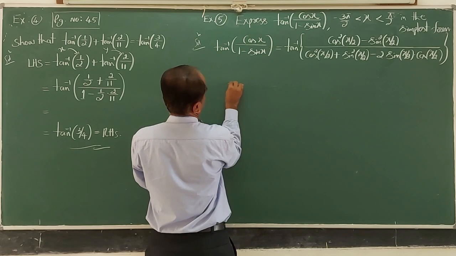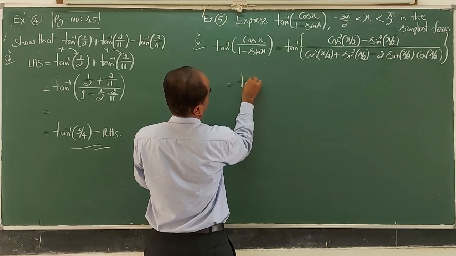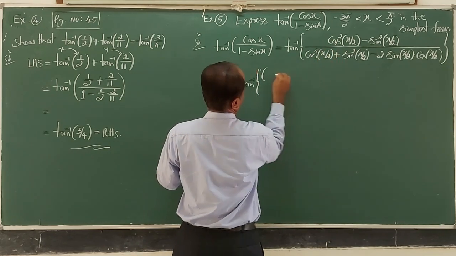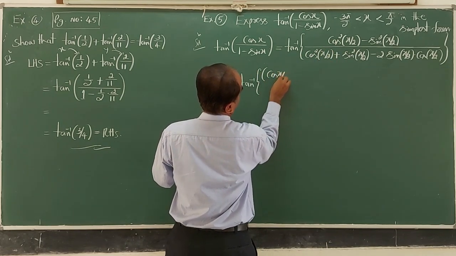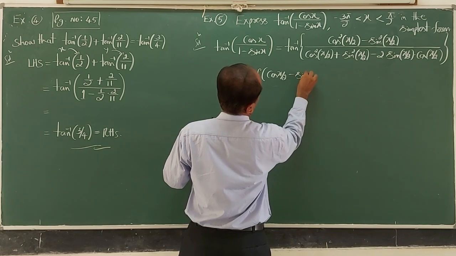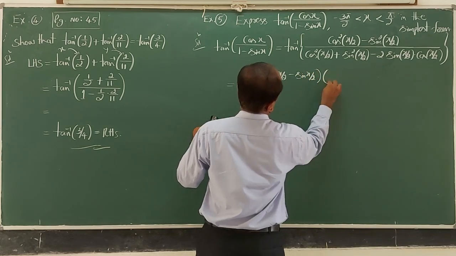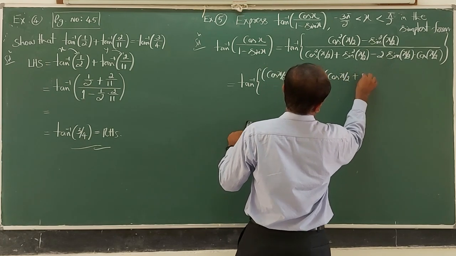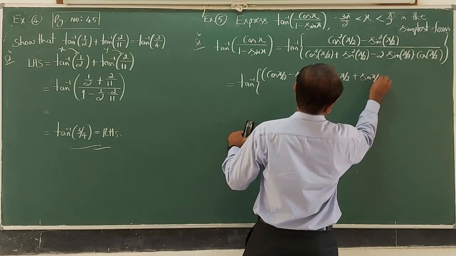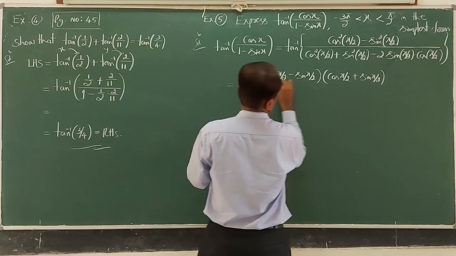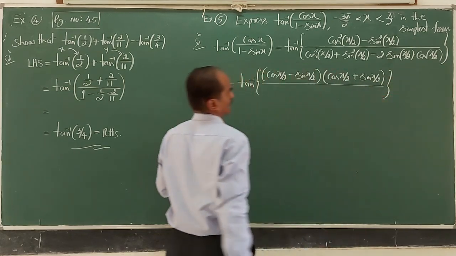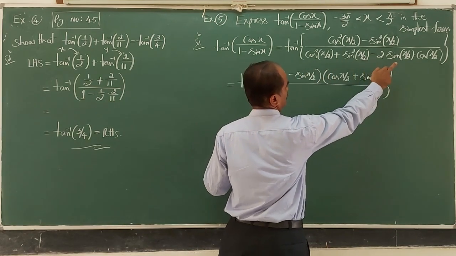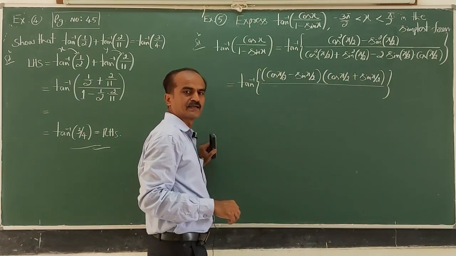Now further it is written as tan inverse of, I am applying a square minus b square formula. It is cos x by 2 minus sin x by 2 into cos x by 2 plus sin x by 2. In the denominator, a square plus b square minus 2ab, I can write a minus b whole square.